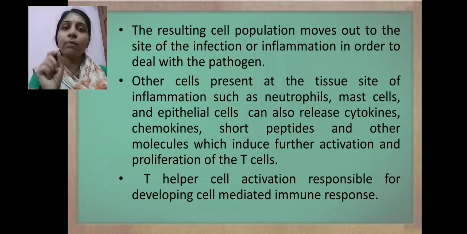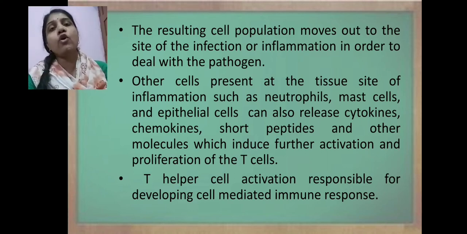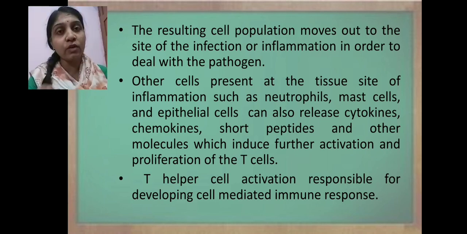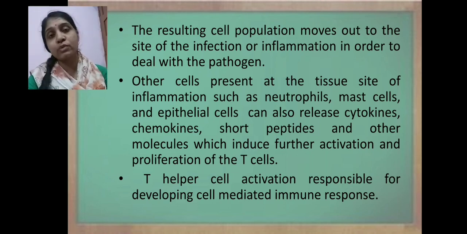Now the T helper cells, as responsible for the activation of the T lymphocytic cells, develop the cell mediated immune response by activating the macrophage cells, then the neutrophils, which also get activated, by which there is the development of the cell mediated immune response.